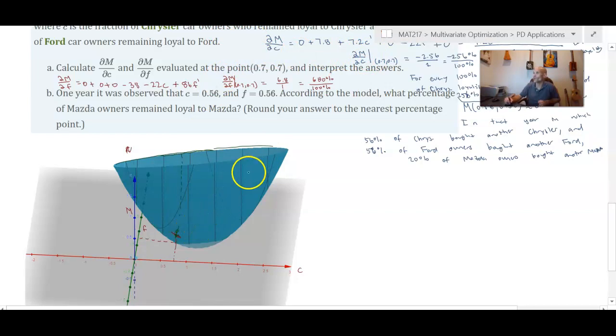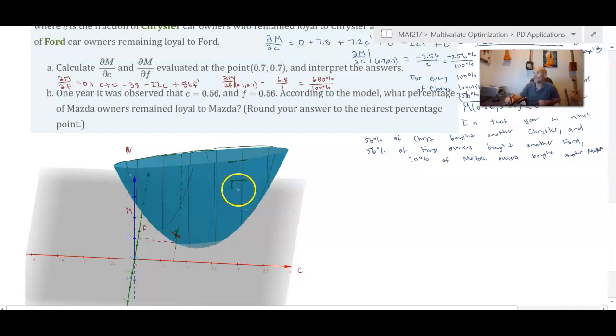Now that kind of depends on where you're standing. Let's say you're on this side of the shell now, and you're standing right here. Well, perhaps a movement of 1 unit in this direction will cause you to move down, and perhaps if you move 1 unit forward, you're actually going to be traveling downhill as well.